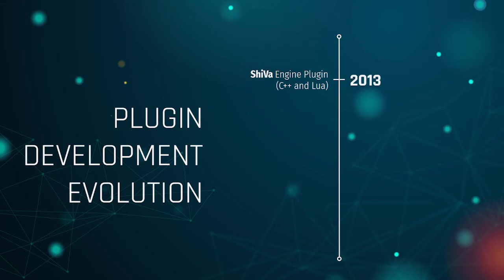Yeah, so the first version of the plugin was in 2013, and it was C++ and Lua. After that, three years later, I had to make the first version for Unreal Engine. This was a really hard challenge because there was nothing.